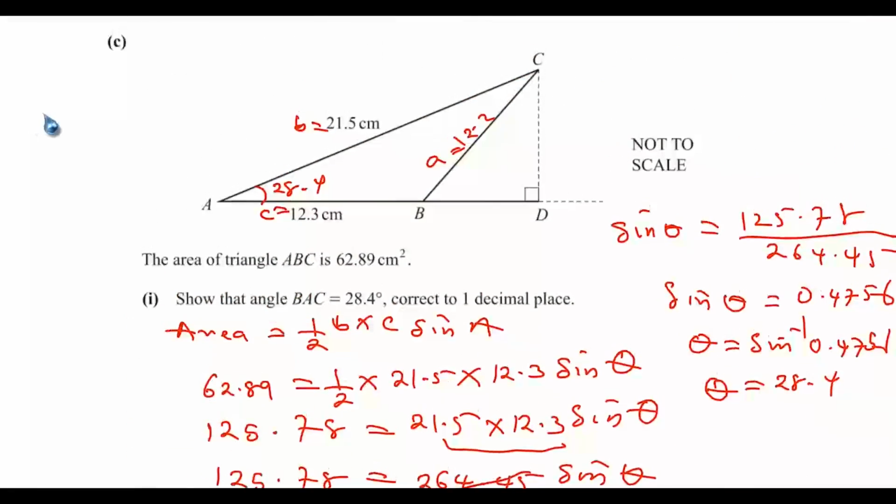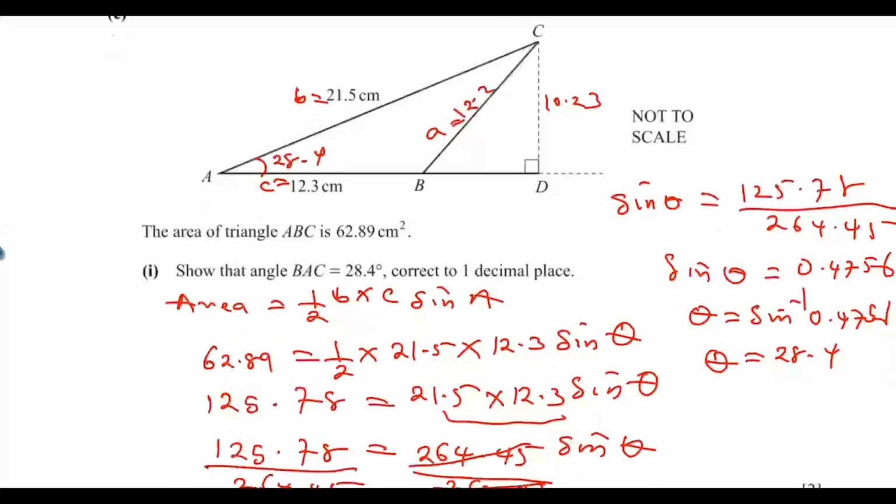So from triangle BDC, we know the value of CD to be 10.23. Then we can use Pythagoras theorem to find the required length, which is BD.